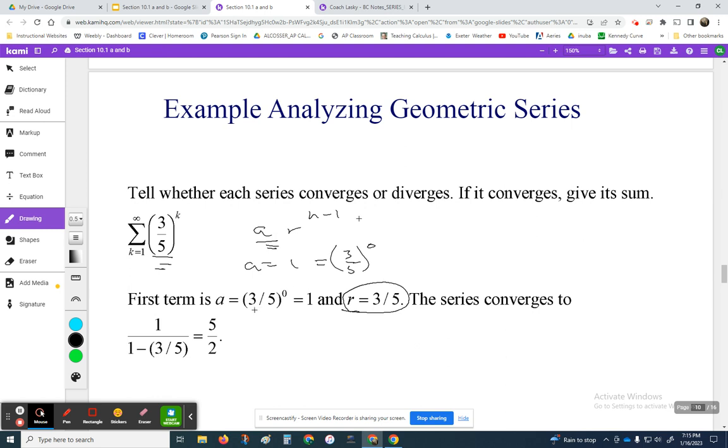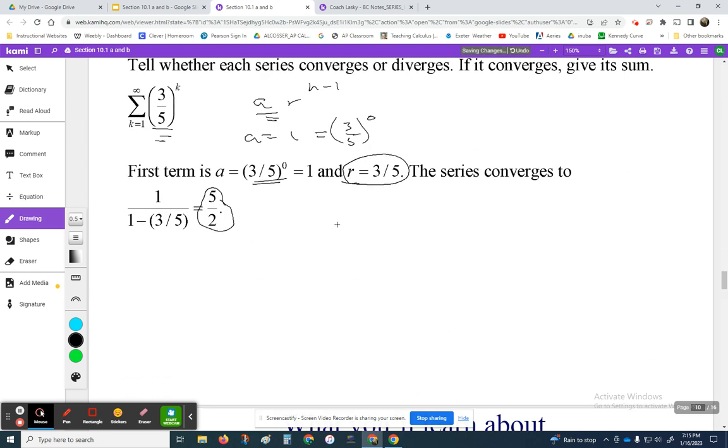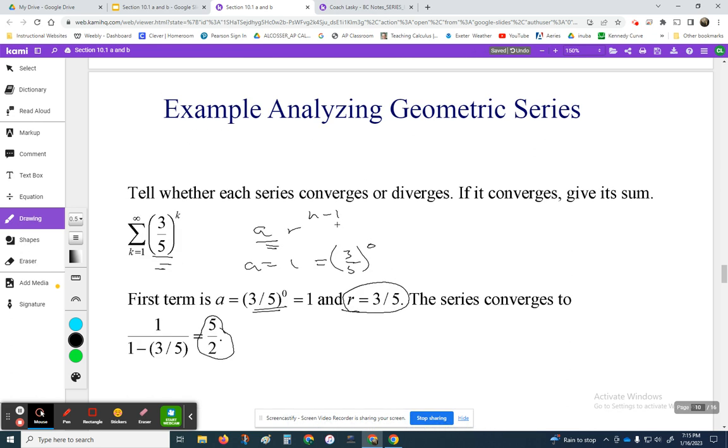That's where they come up with this piece right here, okay? But that's no big deal because we know it's 1. We know the R is 3/5. We just plug it into it, and so it converges to 5/2. Okay? So that's our next setup there.